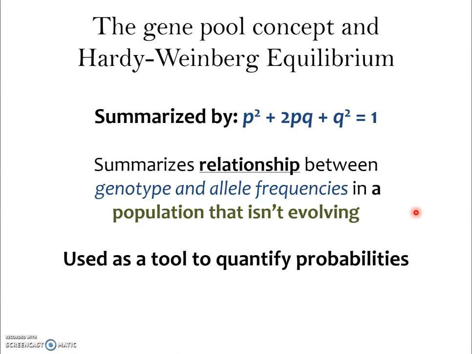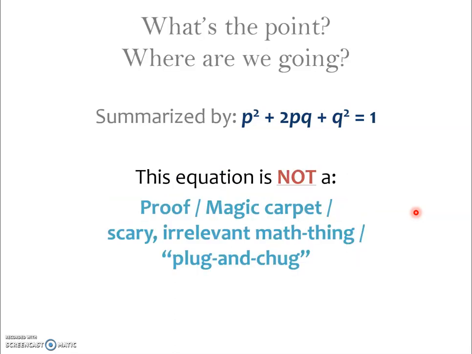We expect our population genotype frequencies to equal 1 whether or not the population is evolving. So the way that we use this tool is not by adding these things up and saying, oh yes, it equals 1, that tells me something. We use this tool because it summarizes everything else that we just did with the probability matrix, or that Punnett square if you want to call it that.